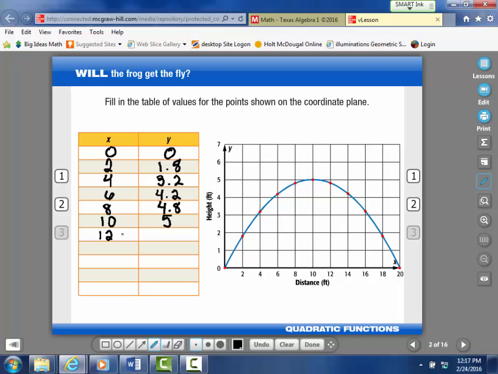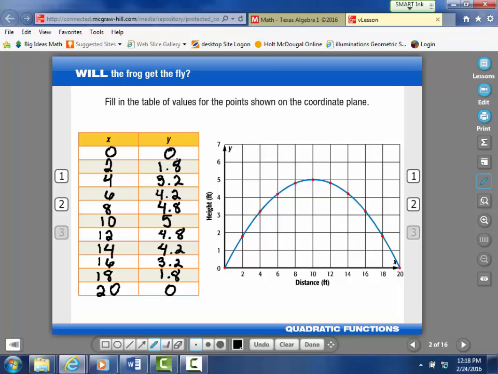So 12 is at about 4.8, 14 is at about 4.2, 16 at 3.2, 18 at 1.8, and 20 is back down on the ground at 0.